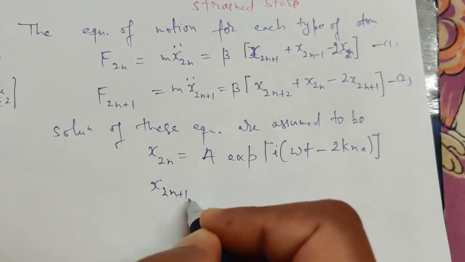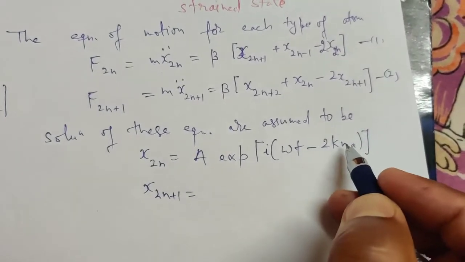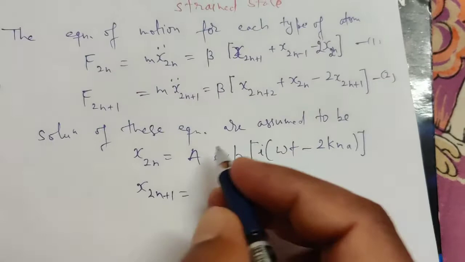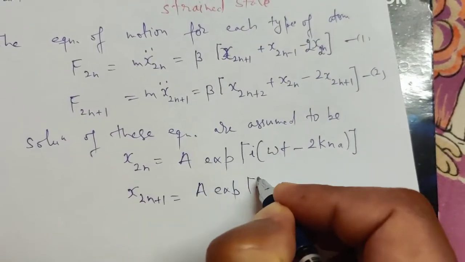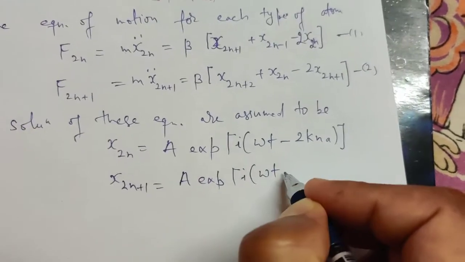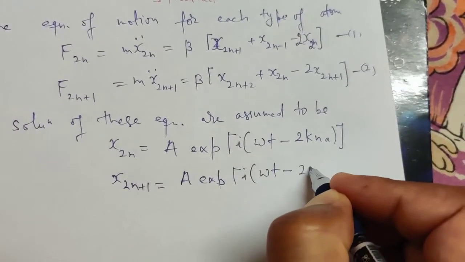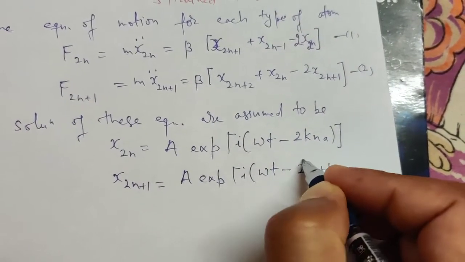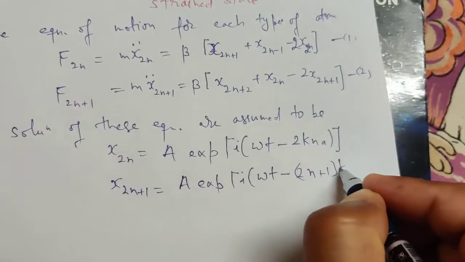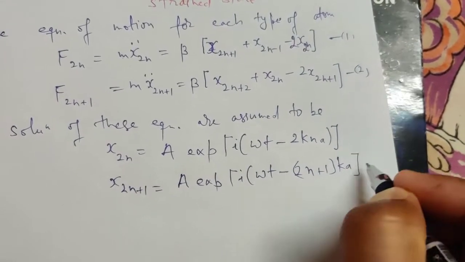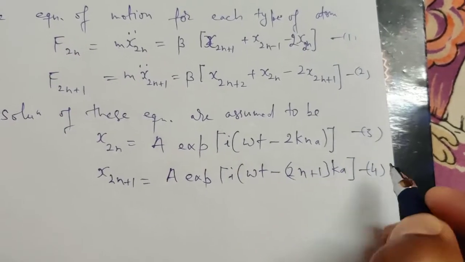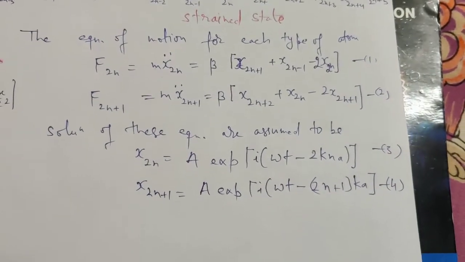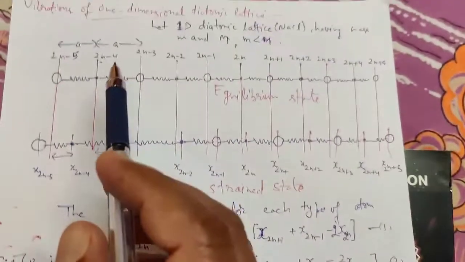2n plus 1 will simply be n plus 1 minus 2n plus 1 ka, and a here is the spacing between the nearest neighbor atoms, that is this a.